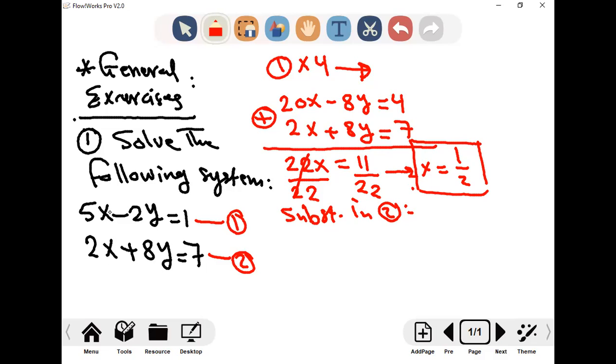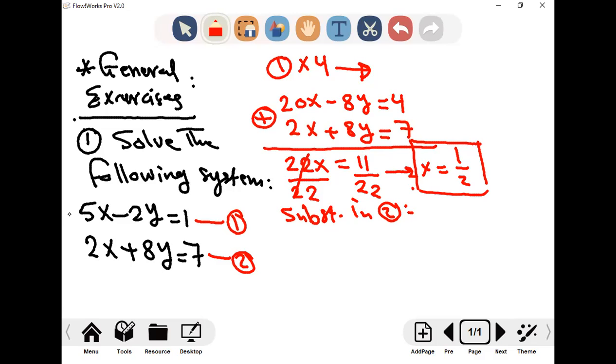No, 5 multiplied by half, 5 multiplied by 1 over 2 is 2.5, right? 2.5 is a decimal. But here 2 multiplied by half is 1, which is easier to deal with. 1. Right or not? Did we understand why? Let's go.